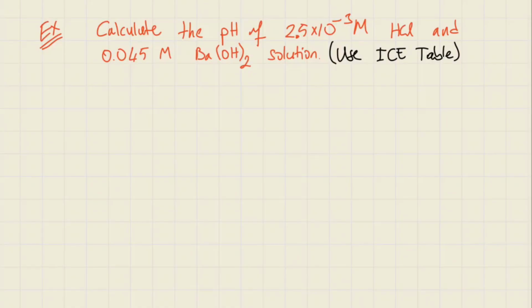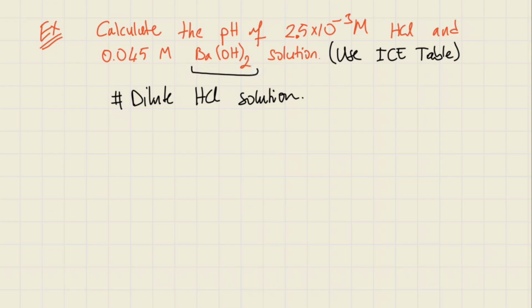And we can make an example. Calculate the pH of 2.5 times 10 to minus 3 molar HCl. So this is a dilute HCl solution, by the way. And also calculate the pH of the 0.045 molar of this strong base.